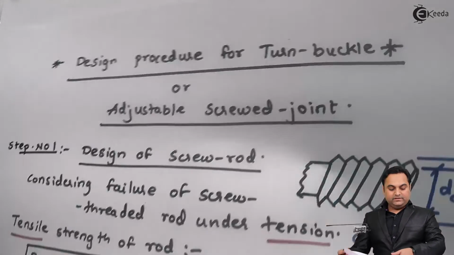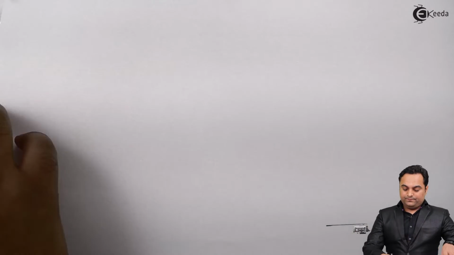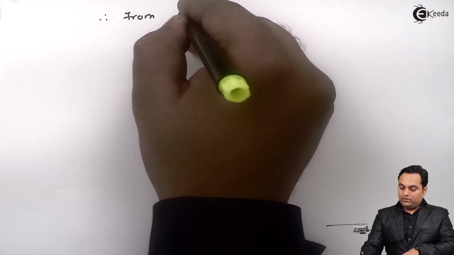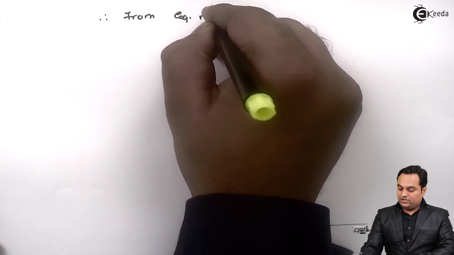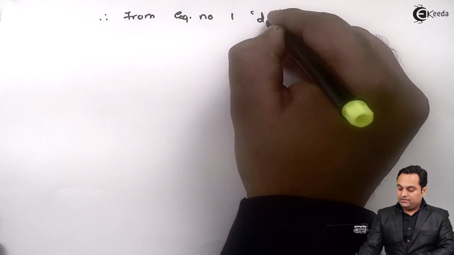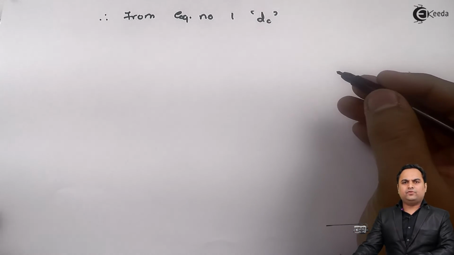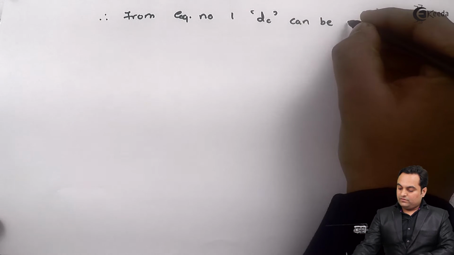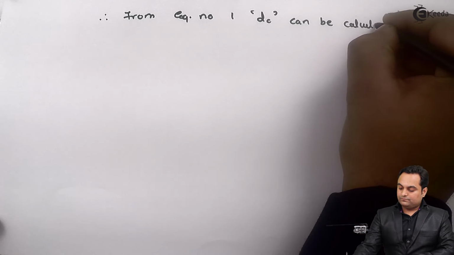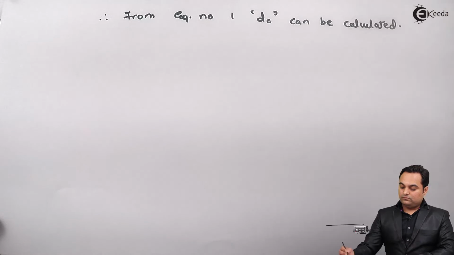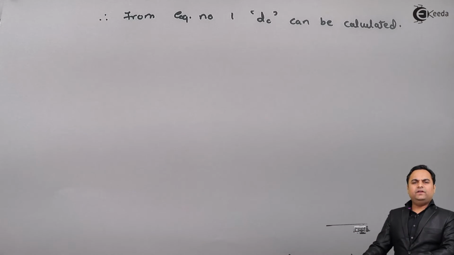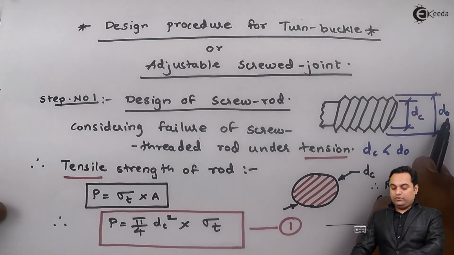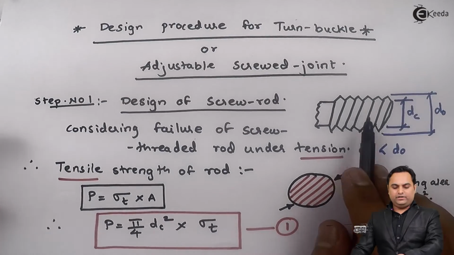So therefore from equation number 1, DC, that is the core diameter of screw thread, can be calculated. Now once I know DC, I can even calculate this DO, which is the outer diameter of screw thread.